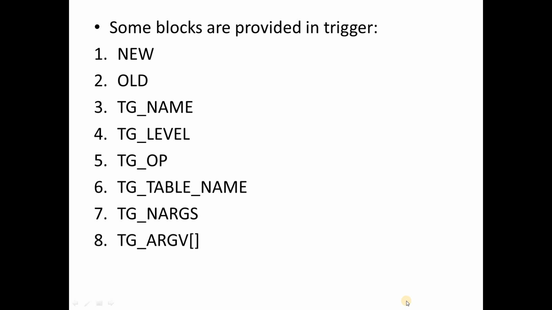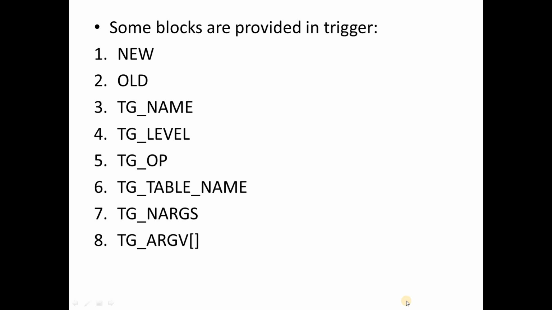First of all, remember one thing: all these variables are in capital letters. You have to write those variables in capital letters. The first variable is NEW, and this NEW variable holds a new row which is inserted into your database. Whenever any SQL event happens and at that time any new row is inserted or updated in your table, that new row is held in this NEW keyword.